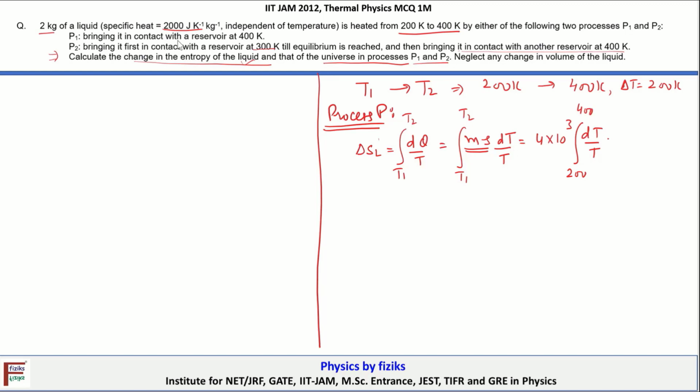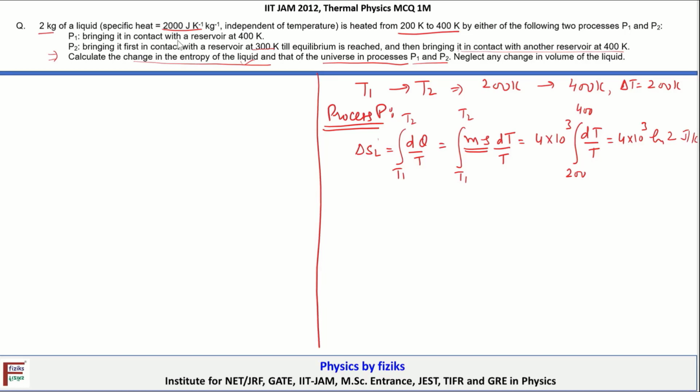So this will be equal to 4 into 10 power 3 ln T2 by T1. When we do ln 400 by 200, that gives us ln 2 only. So I am writing here only ln 2, and it is in joule per Kelvin.